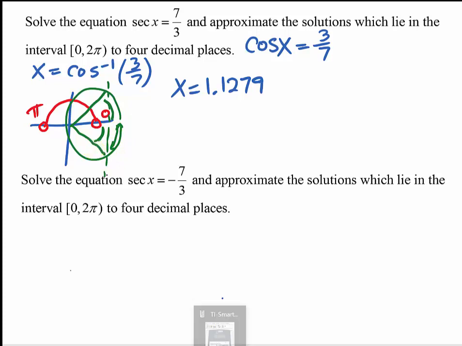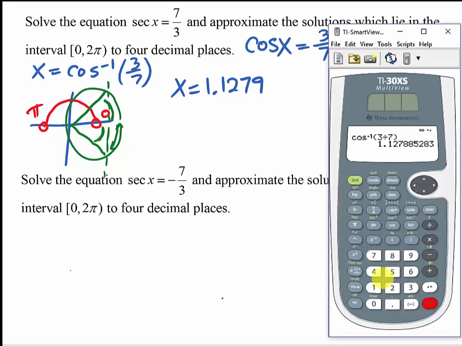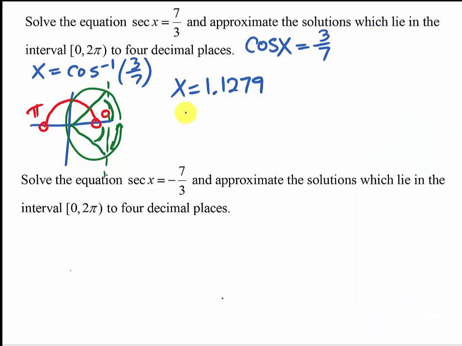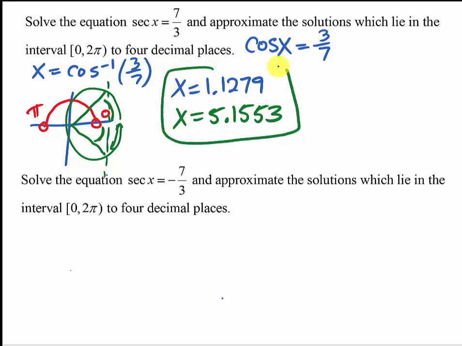So I'm going to pull the calculator up, and I'm going to put in 2 pi, and then I'm going to subtract, and I'm going to just use the second answer here. And that's my second angle that has a cosine of 3/7, which is 5.1553. X equal 5.1553. So they have a cosine value of 3/7, which means they have a secant value of 7/3.